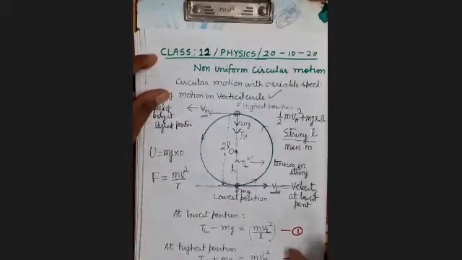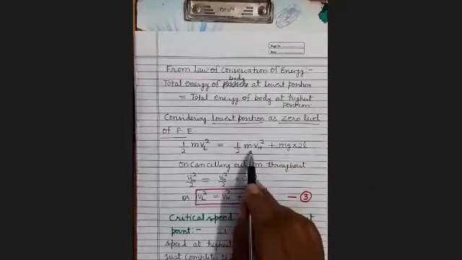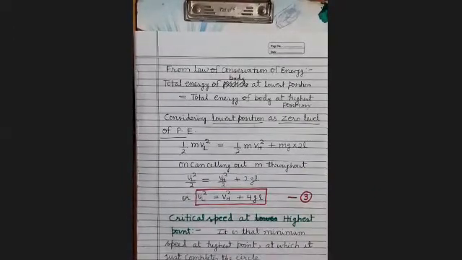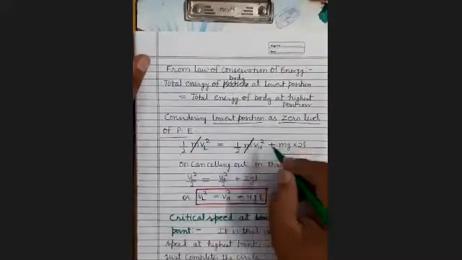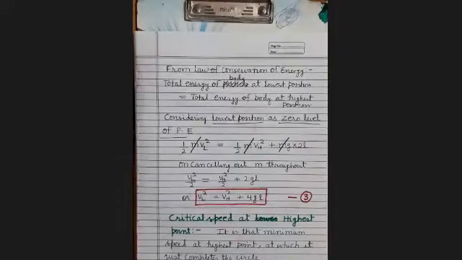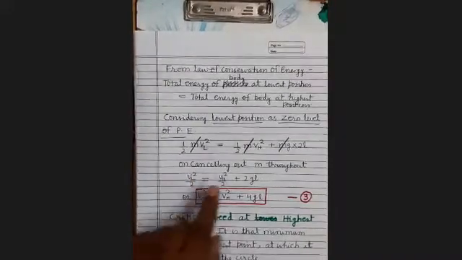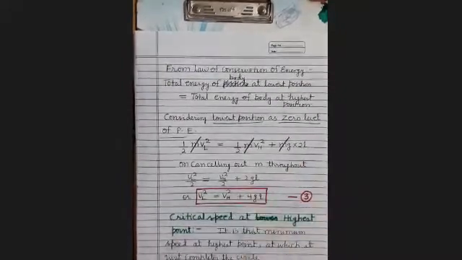So the total energy of the body at the highest position is 1 upon 2 m VH square plus mg into 2L. Now cancelling out m throughout because it is present in every term, you will get VL square upon 2 equals VH square upon 2 plus 2GL.